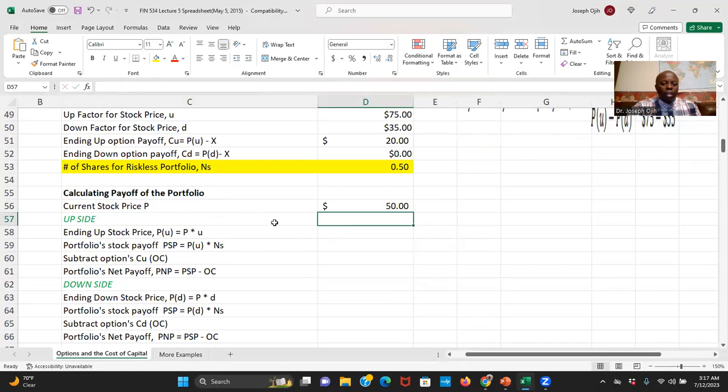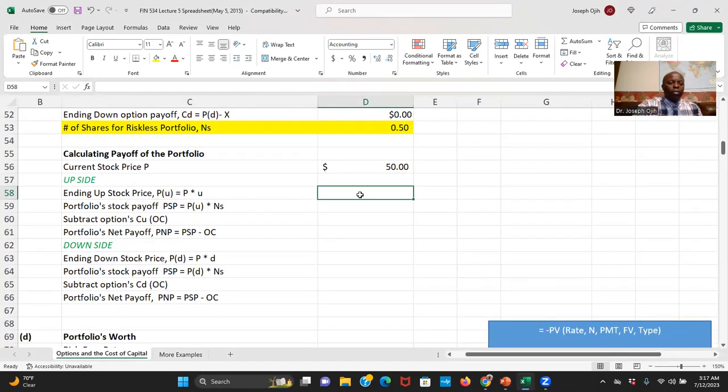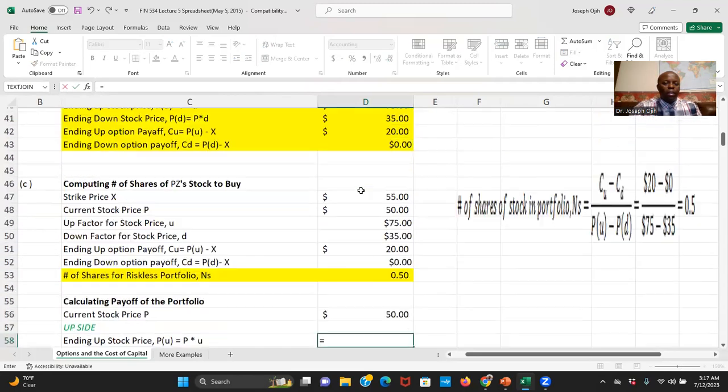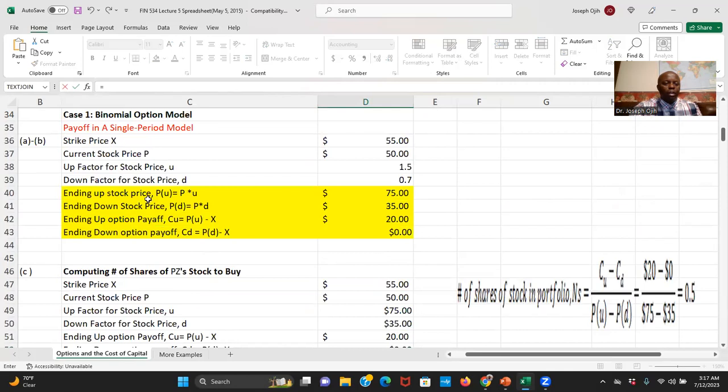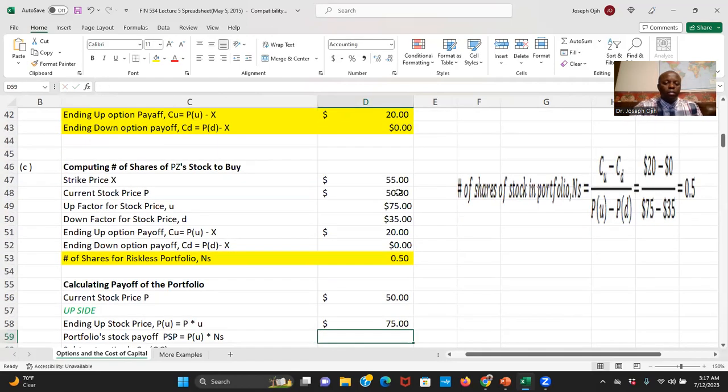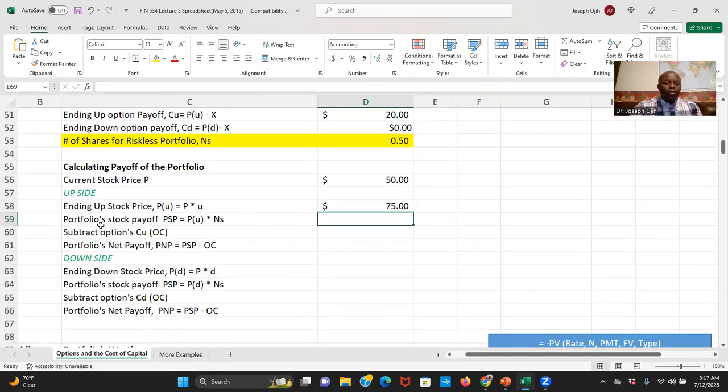Then let's look at the upside. On the upside, you have ending up stock price, PU, is right here, $75. Now, the portfolio stock payoff is PU times NS, which means PU times the number of shares of the riskless portfolio, which is 0.5.